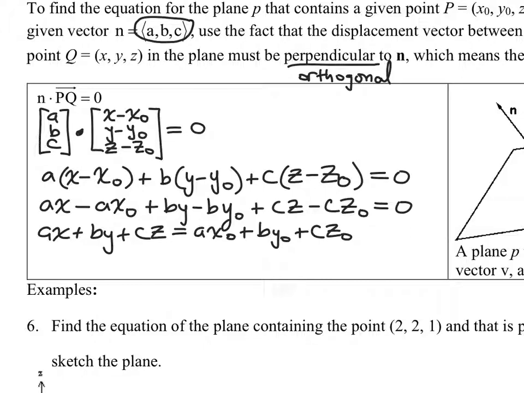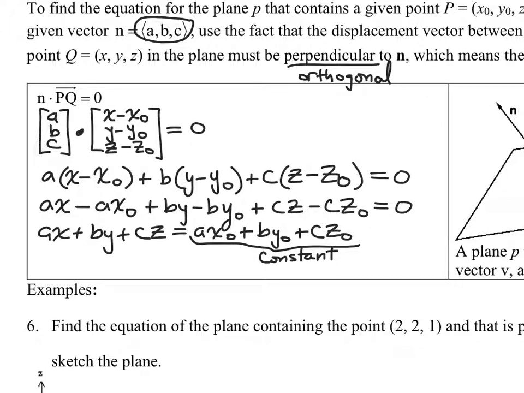Now, all this stuff is going to be some constant, because you're multiplying the scalar values together. It's going to be some kind of result.